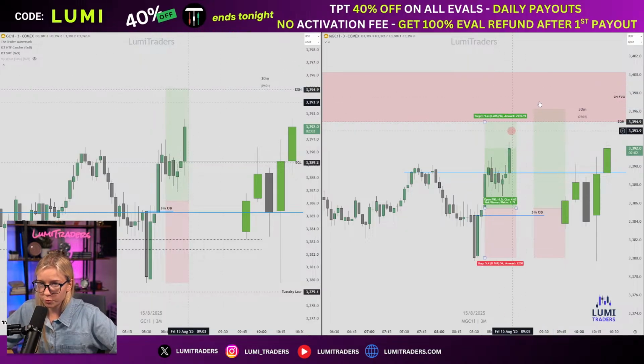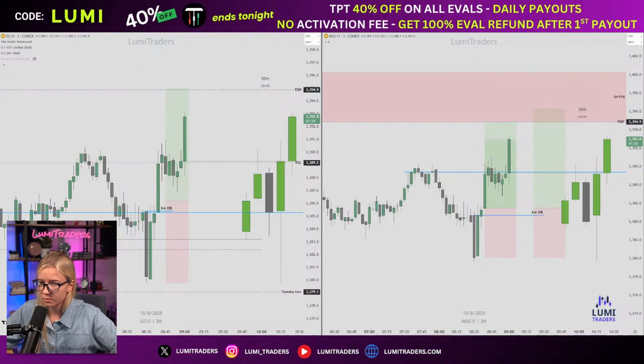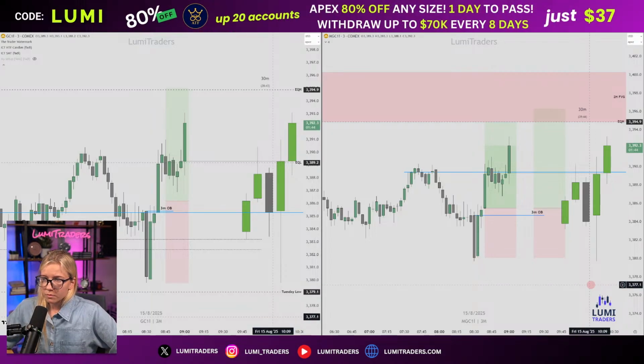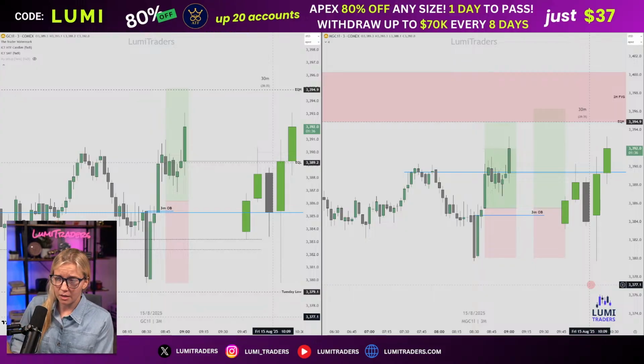And I will look for a short again from this 2 hour fair value gap. Yeah, I have no idea about bias on NQ and ES.